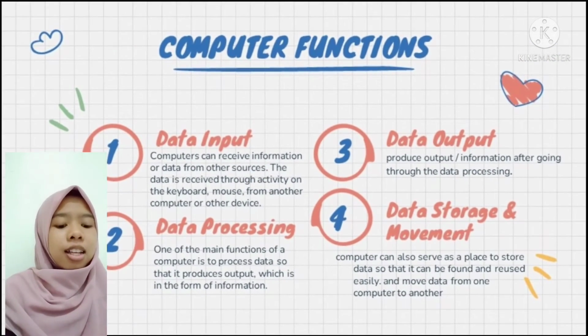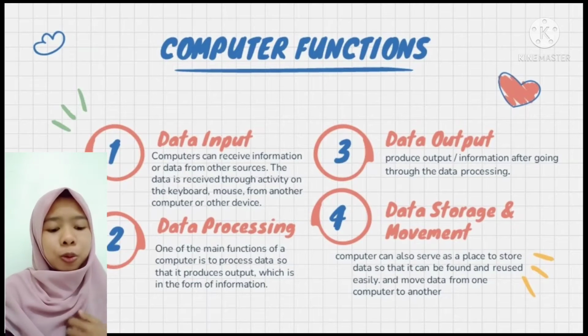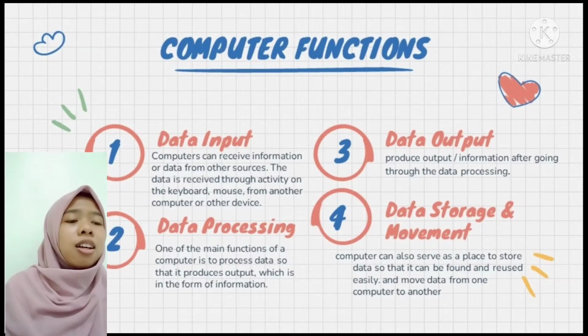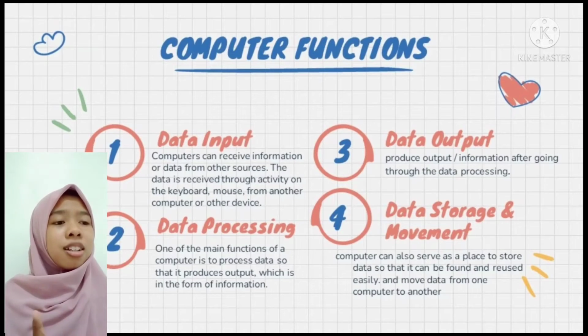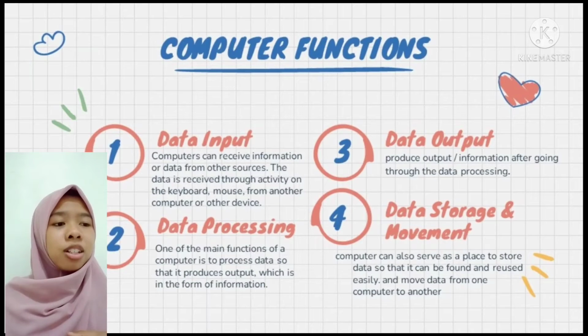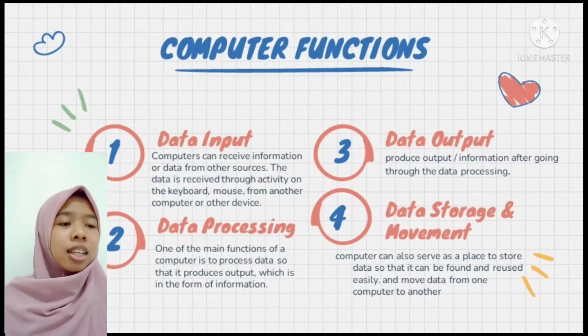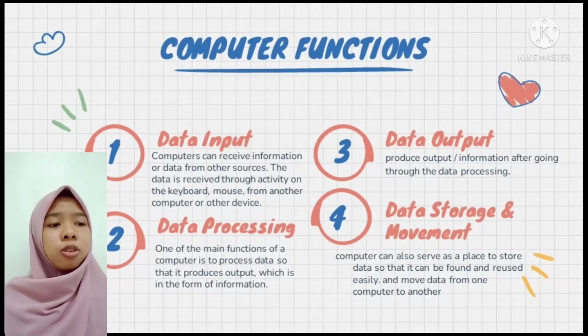Okay, let's move on to the third part. In this part, I will talk about computer function. 1. Data input. Computer can receive information or data from other sources. The data is received through activity on the keyboard, mouse, from another computer or other device. 2.